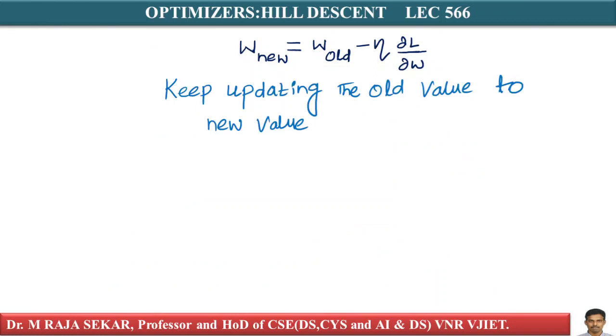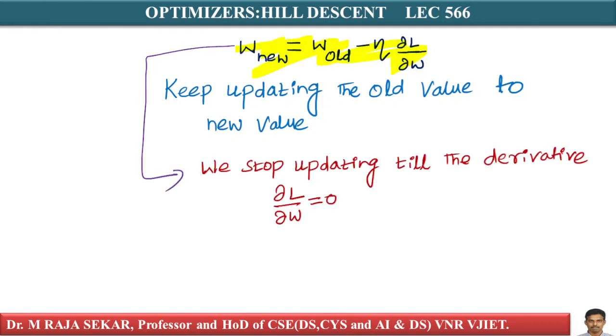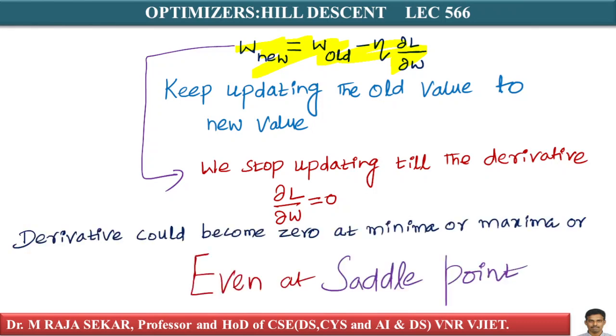We stop updating when this derivative dou L by dou w becomes 0, and that derivative could become 0 at a minima, at a maxima, or even at a saddle point. This point is important.